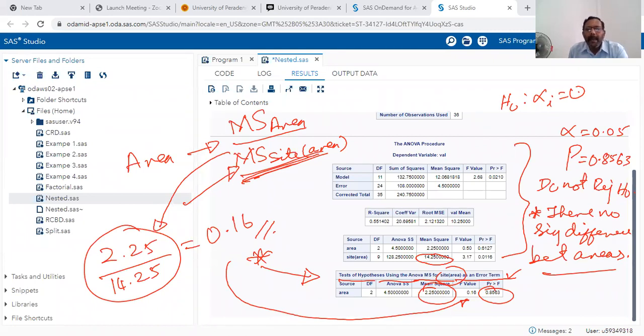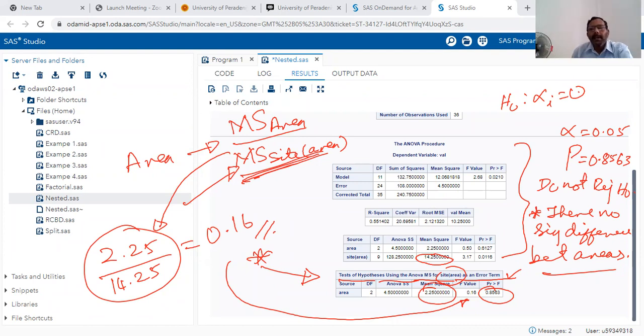So here we like to do the mean separation only for site, so site within each area. Yes, site within each area. As usual, we'll have to do it like the earlier one. Right?